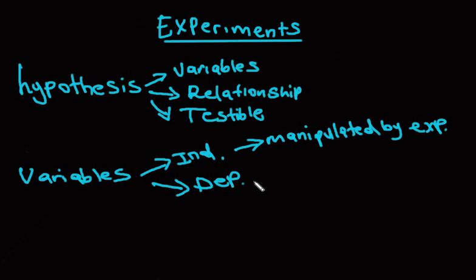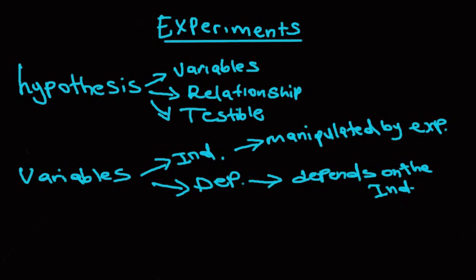So the experimenter will actually manipulate the independent variable, but the dependent variable depends on the independent. So your dependent variable will depend on the independent, but the independent is actually manipulated by the experimenter or the investigator.